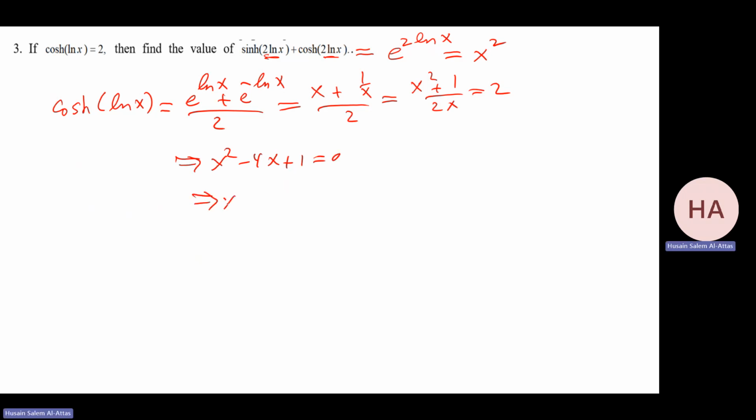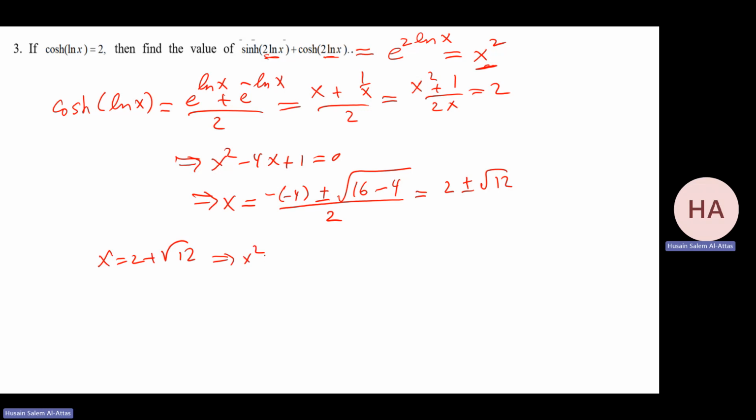I can solve this. x is what? Minus b plus or minus the square root of b squared minus 4ac, over 2. That gives me 2 plus or minus the square root of 12. So if x equals 2 plus square root of 12, I want x squared in all the cases.